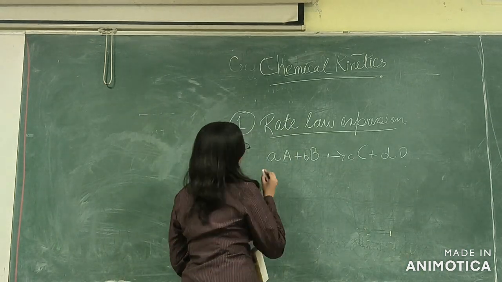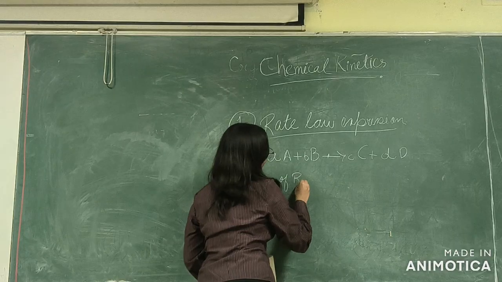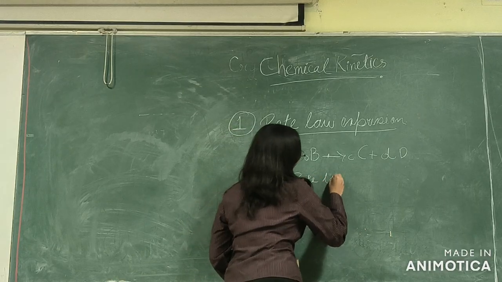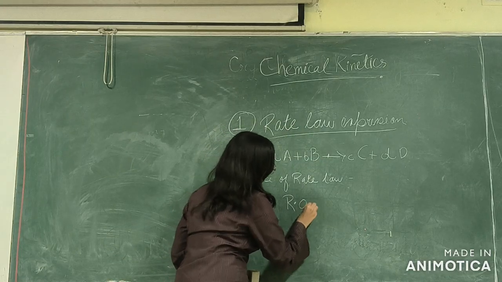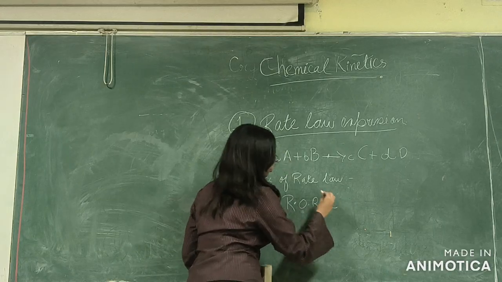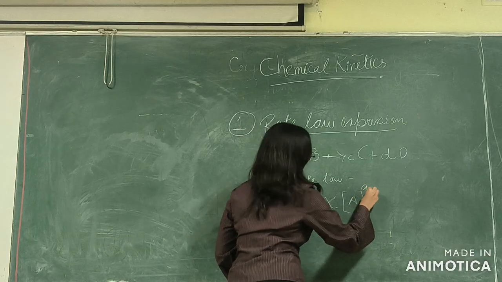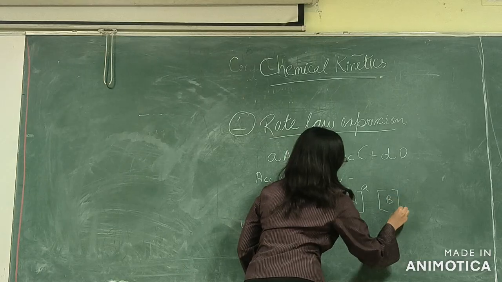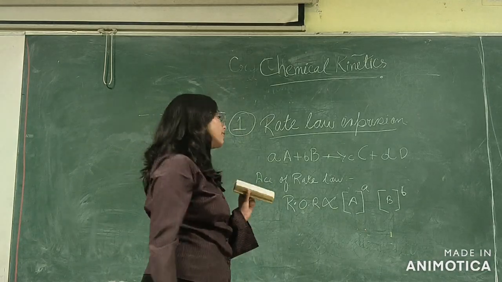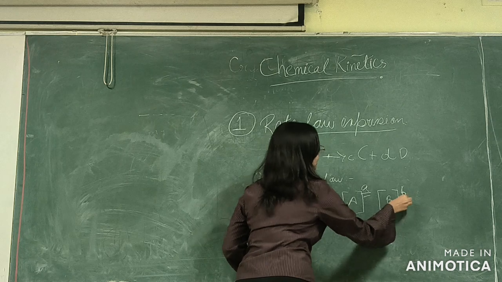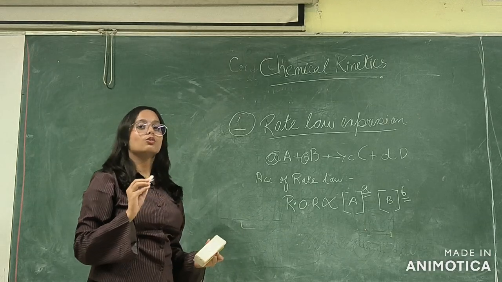Now in rate law, how will we write it? According to rate law, this rate of reaction is directly proportional to concentration of A to the power a and concentration of B to the power b. Okay? But the twist here is that this a and b are not the stoichiometric coefficients. They are the order of reaction, not the stoichiometry.